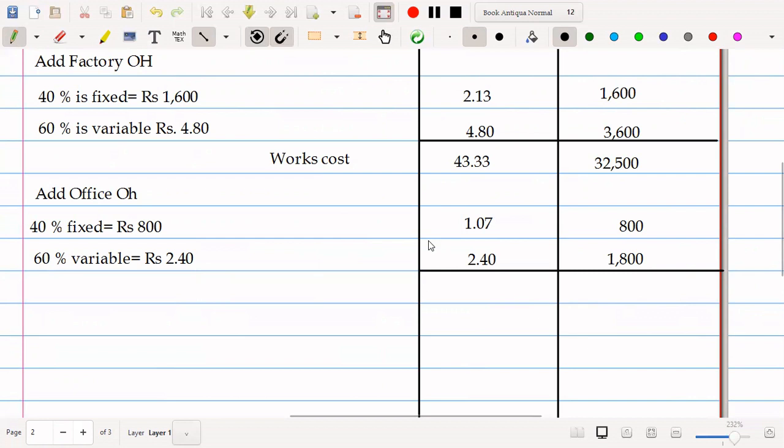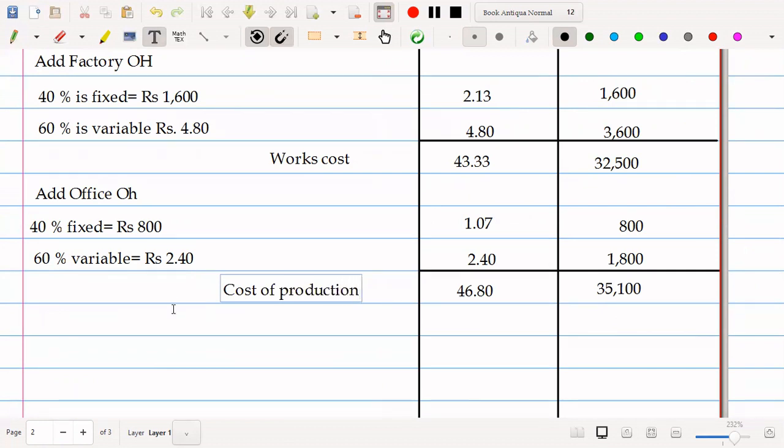Now let's total this. This comes to 46.80, and the total amount will be 35,100. So what is this? This is cost of production.